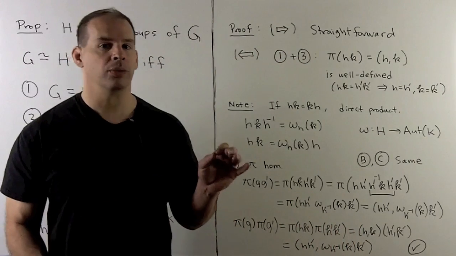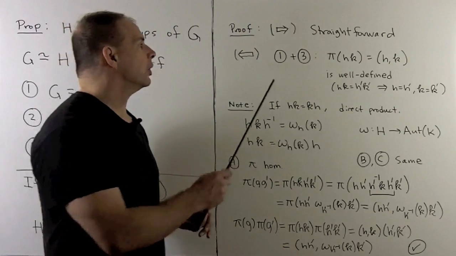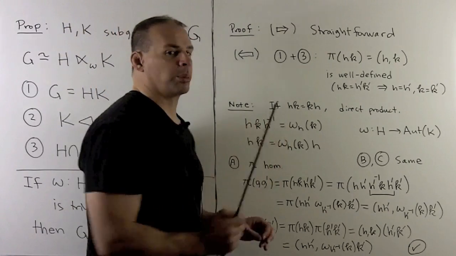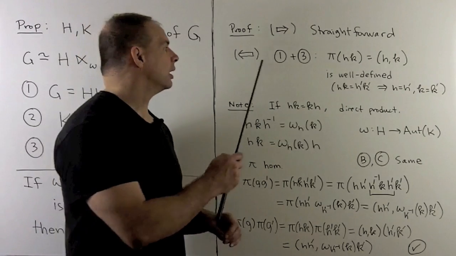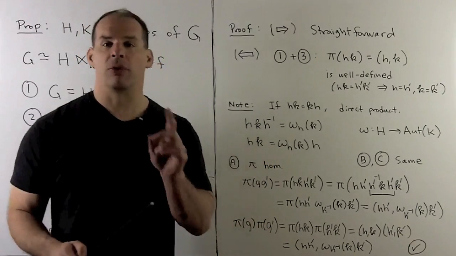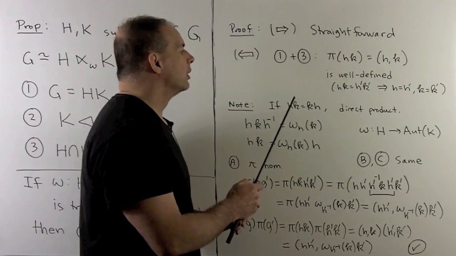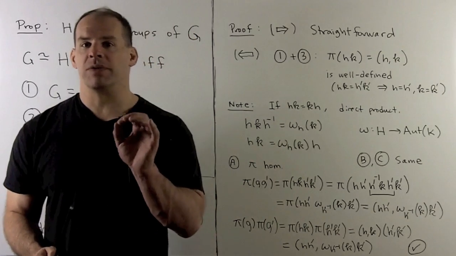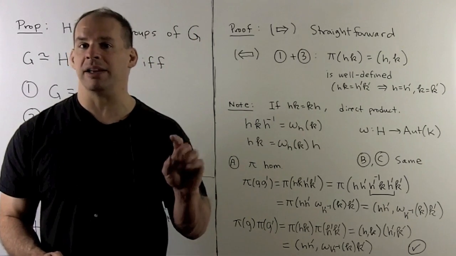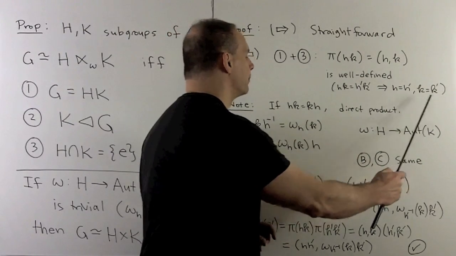Now, for the proof, same as before, except a few extra details. Going from the semidirect product to the properties is straightforward, so I'll leave that to you. Then in the other direction, going from the properties to the semidirect product, what do we have? Well, as before, we'll use 1 and 3 to show that the isomorphism pi from before is well defined in this context. And that's the same argument.